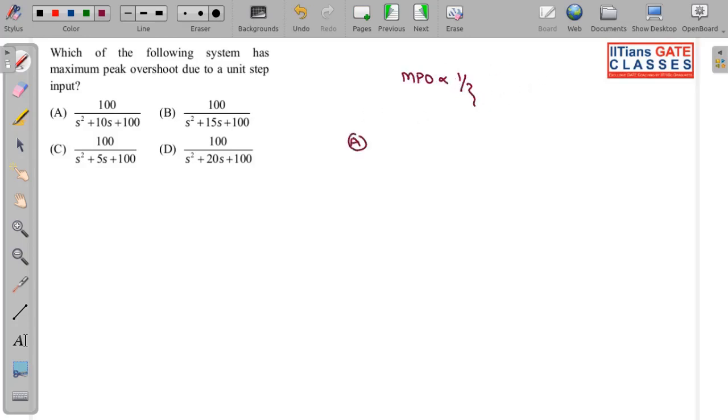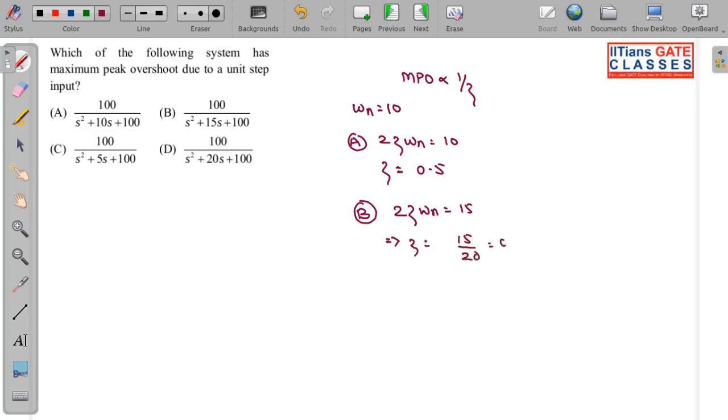So in all the options, you can see omega n is equal to 10. In option A, 2 zeta omega n is equal to 10. So zeta will be equal to 0.5 in option A. In option B, 2 zeta omega n is equal to 15. So zeta is equal to 15 by 20.